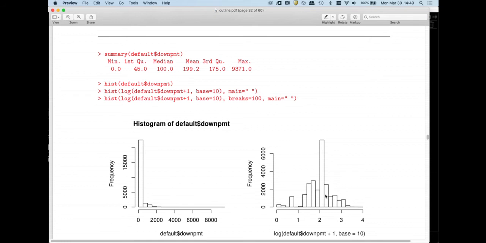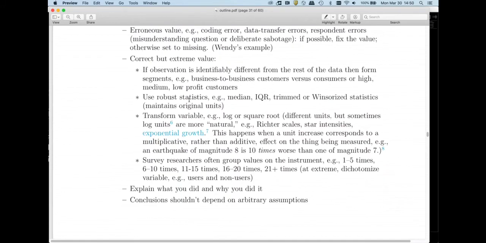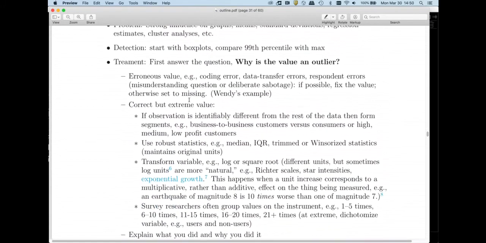So here's the same graph with applying the base 10 logarithm to it first. I'll mention how you do this in R. You can just add the log function to the histogram command, and it works. All right.